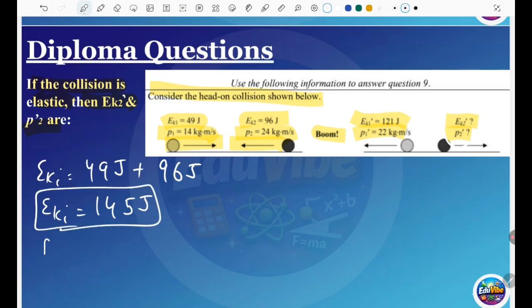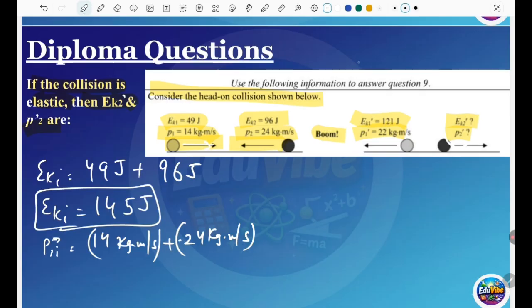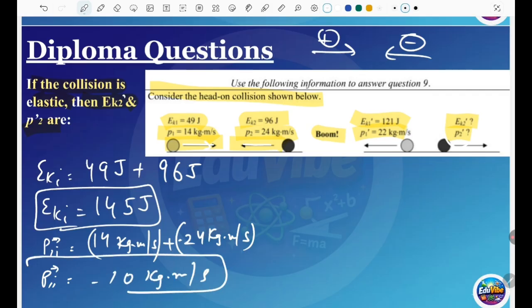For P1I, we take both: 14 kg·m/s plus 24 kg·m/s, and in that case this one is negative. Why is it negative? Because if we take right as positive, we take left as negative. So what is the total initial momentum? It's minus 10 kg·m/s.